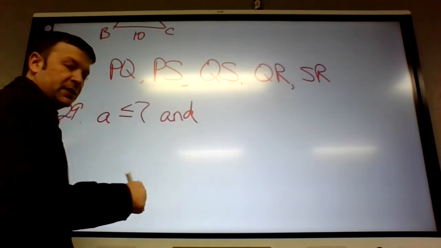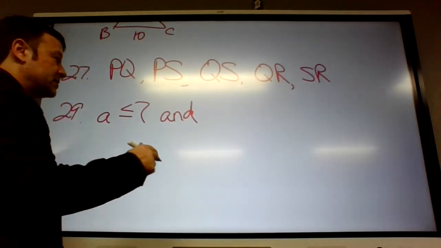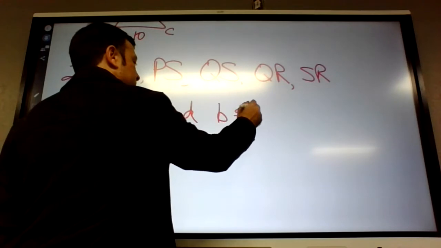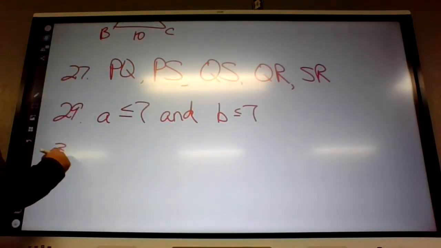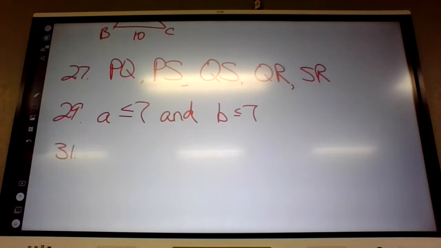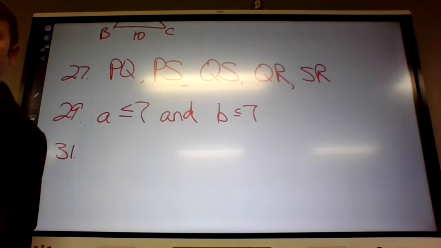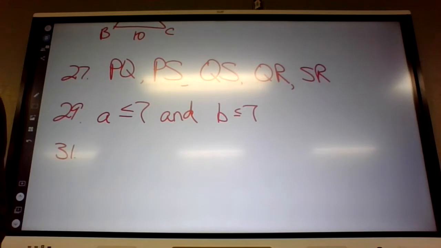So it's A is less than or equal to 7 and B is less than or equal to 7. The negation. No, that was 29, I just said 28. Yeah, 28 is right, the negation. It's just the opposite thing.